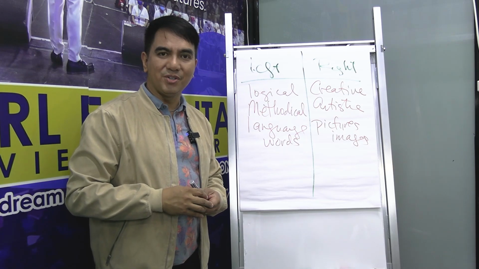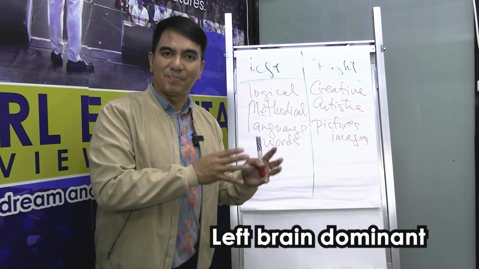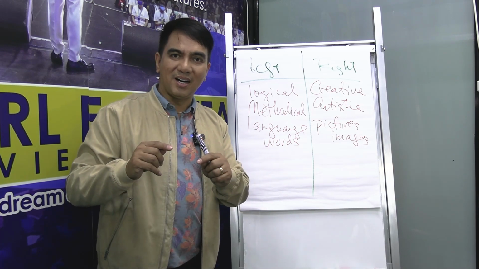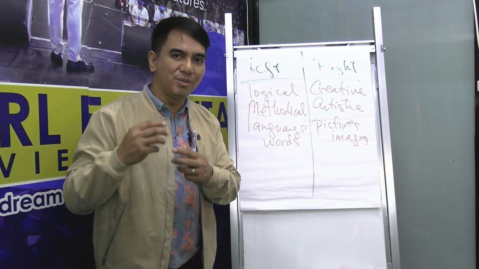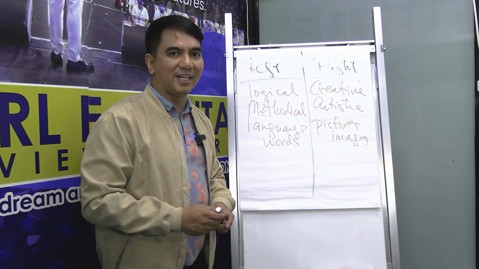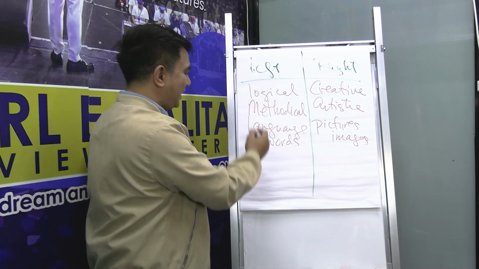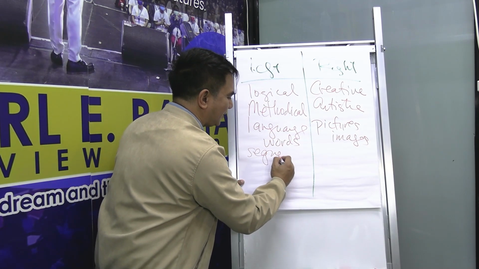Therefore, if you're a person who would like to go into the details of things, you may be left brain dominant. But if you are a person who is more into the imagination, the creativity, the out of the box, then you're more of the right brain dominant person. And don't forget that the left brain is very sequential.